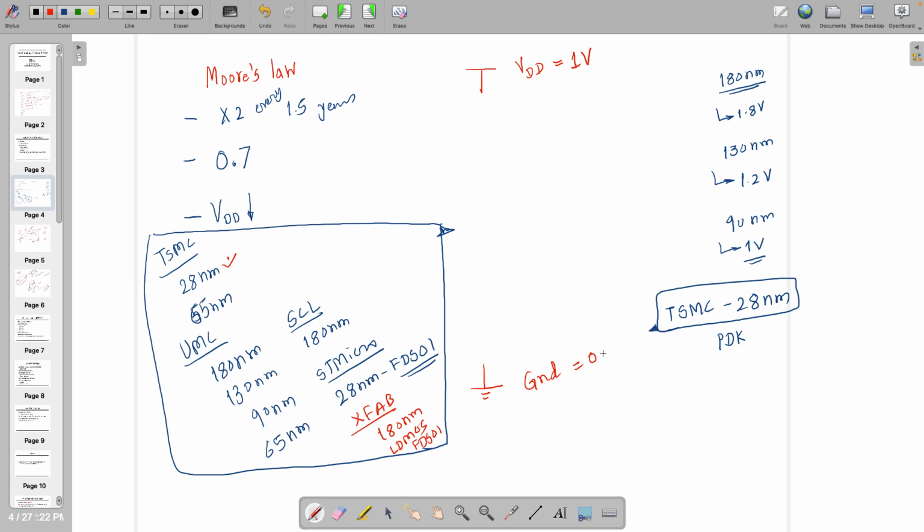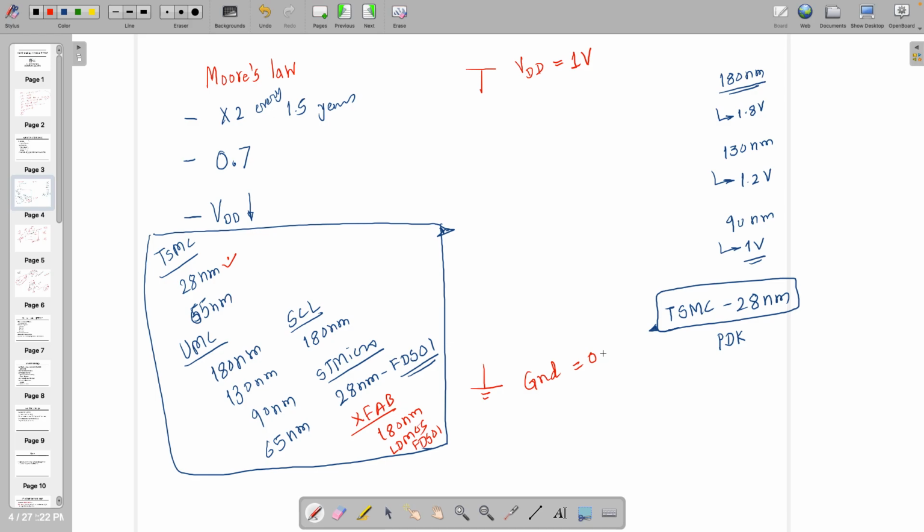Is it pre-decided at a fixed value? No, pre-decided means who is going to decide? We have to decide. So I am saying I am going to have a problem. If I am going below 1 volt, digital logic 1 and 0 is difficult. Why difficult?